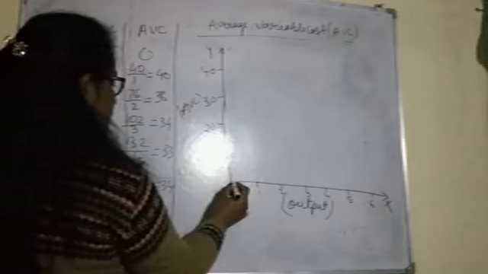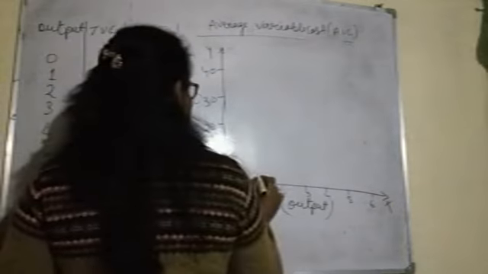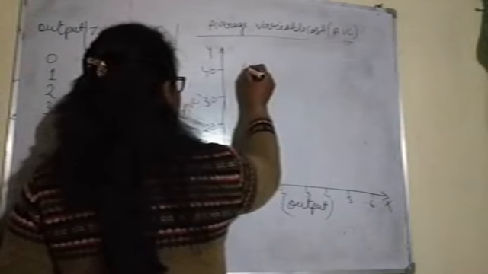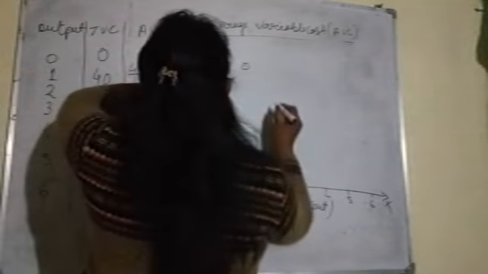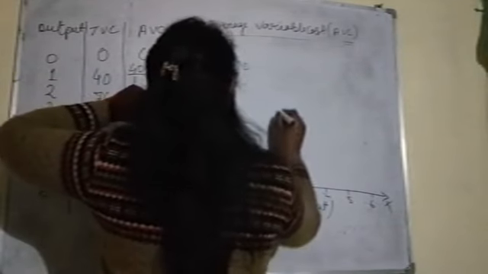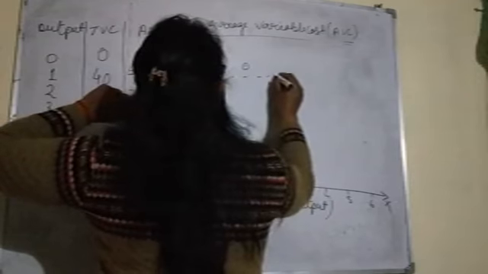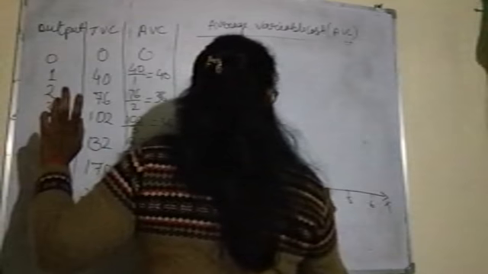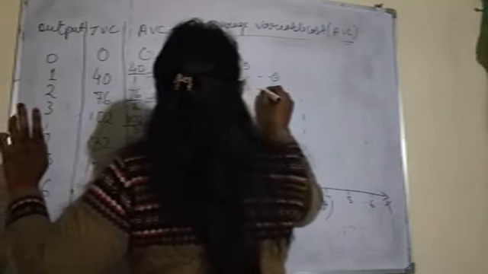Now at 0 it is 0. Then at 1 it is 40. At 2 it is 38, will be somewhere here. So this is the second dot. At 3 it is 34, somewhere here.